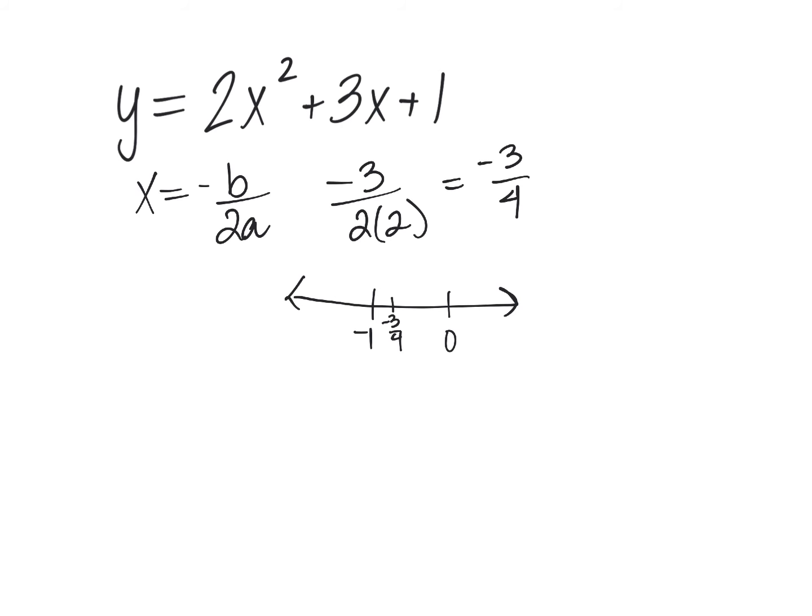This distance is 1/4 away: 3/4 is 1/4 away from 1, and it's 3/4 away from 0. So if I use negative 1 and 0 in my table, they should not have the same y value because they're not the same distance from the vertex.